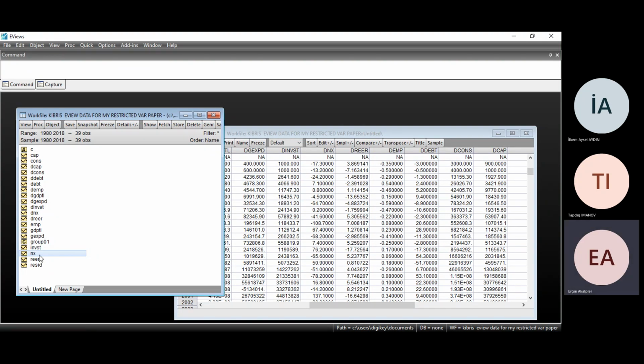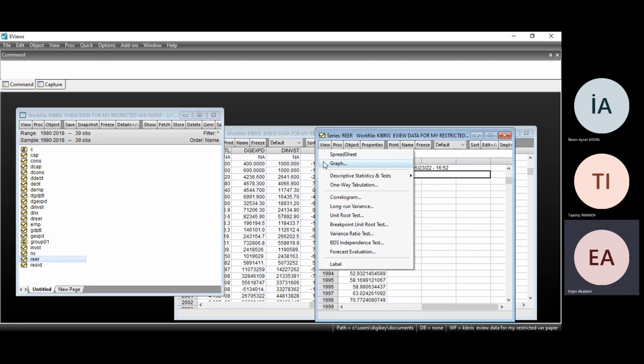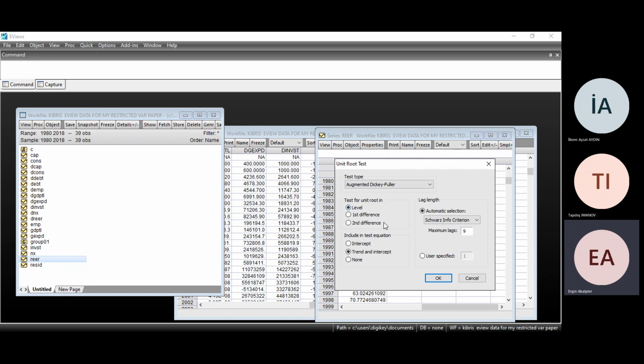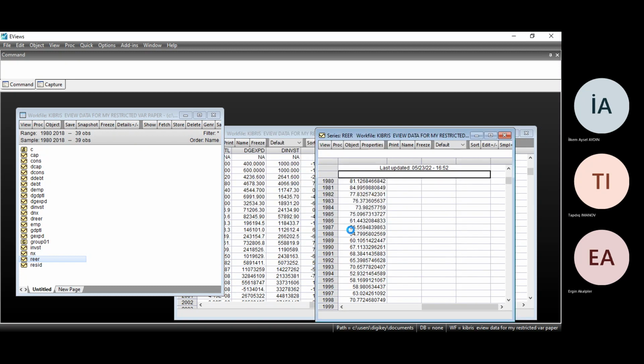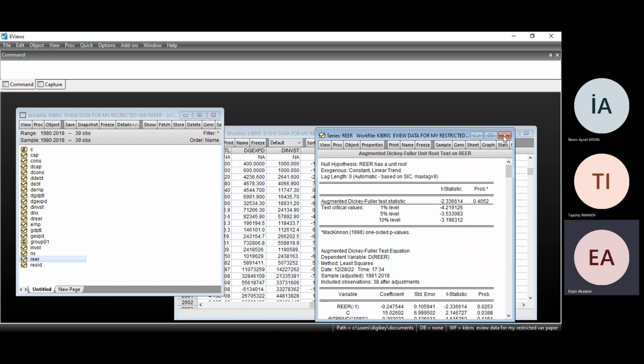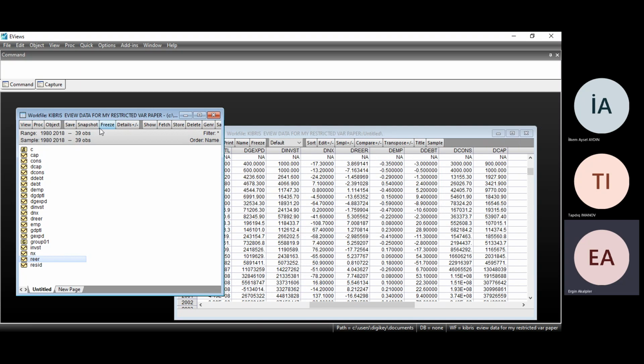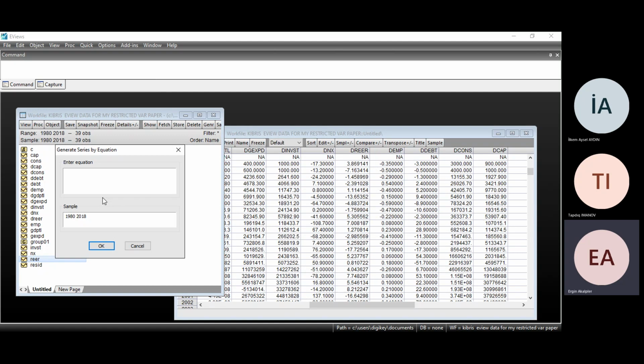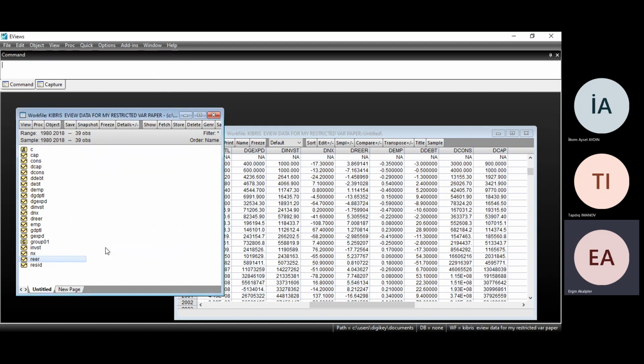After considering the unit root, as you see, when we employ it, it is not stationary, so we go to the first difference. As I mentioned, you go to Quick, Generate Series, put the D, and employ this, and you will do it all for first difference.